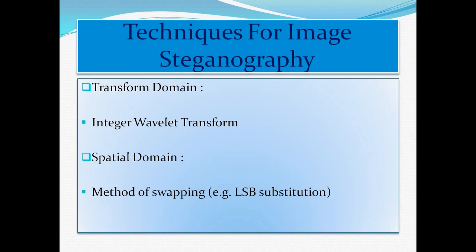Least significant bit substitution involves directly replacing the least significant bit of the pixel of an image with the secret message which is being provided.